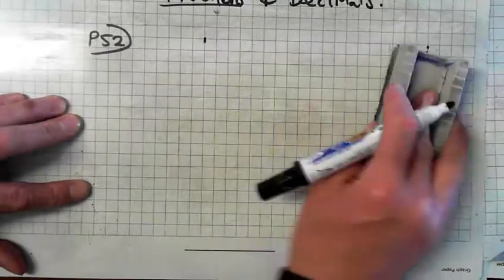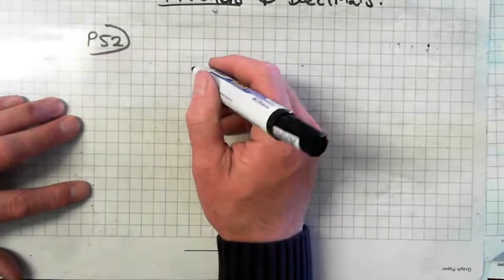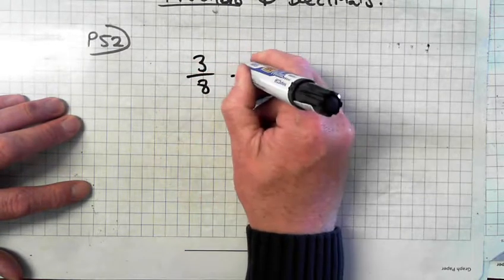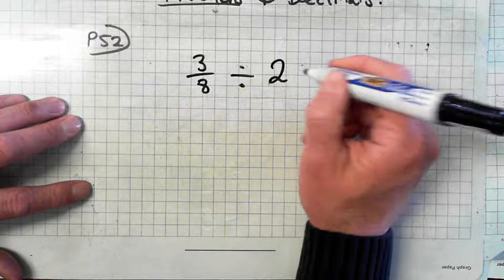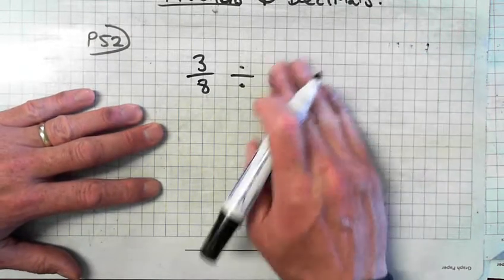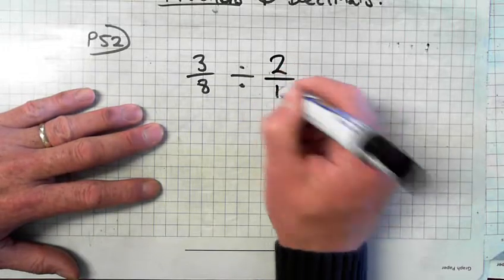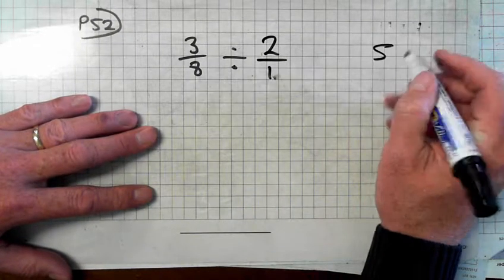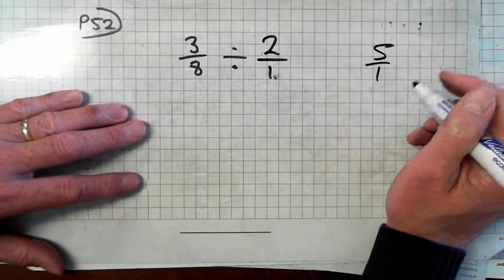Okay, and while we're on fractions, we can do 3 over 8 divided by 2. What happens when you divide by 2? Now watch. First of all, we write 2 as a fraction. To write any number, say 5, as a fraction, it's 5 over 1. Right.